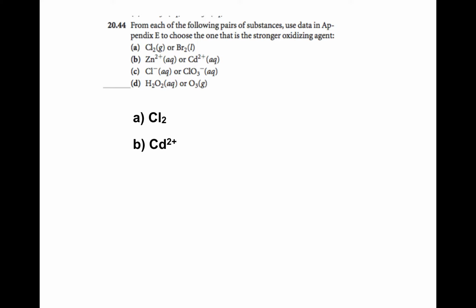That cadmium 2 plus is a stronger oxidizing agent than zinc 2 plus. Chlorate is a stronger oxidizing agent than chloride, and that ozone is a stronger oxidizing agent than peroxide.